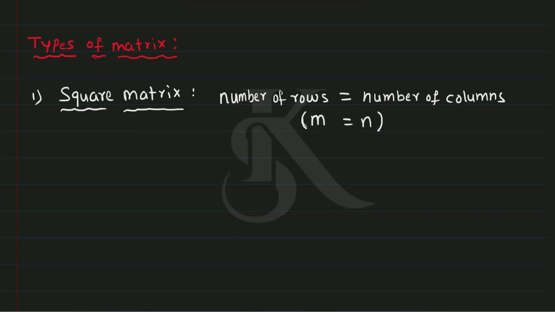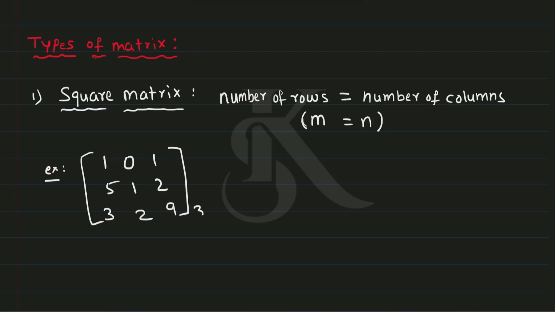Example: 1 0 1, 5 1 2. Suppose we take this matrix, this is a square matrix because it is a 3 by 3 matrix.